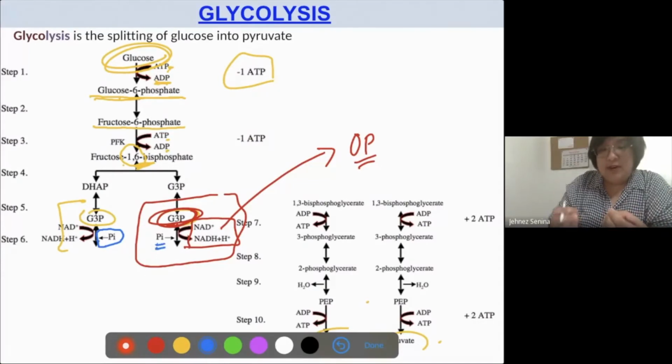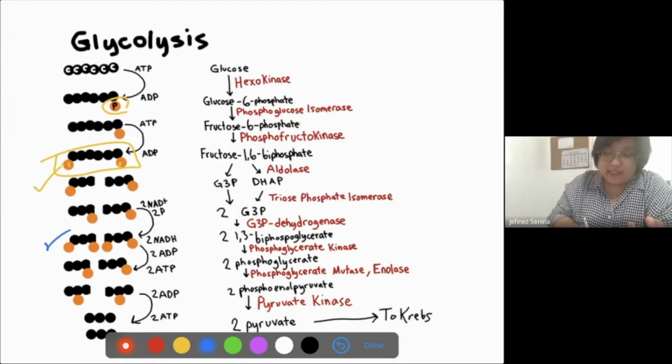This is another substrate level phosphorylation. Look at our drawing here. From here to here, you only have one phosphate, right? We're adding another phosphate.